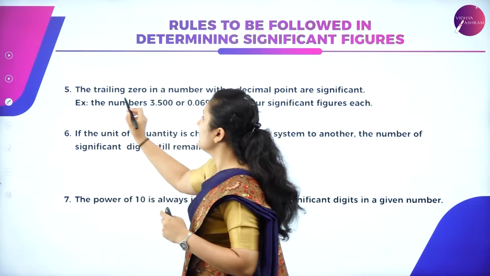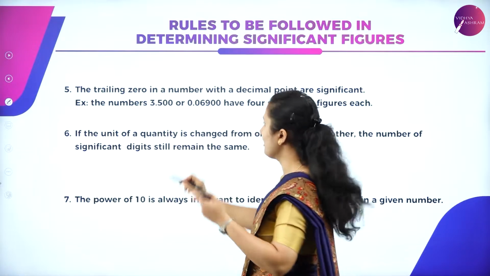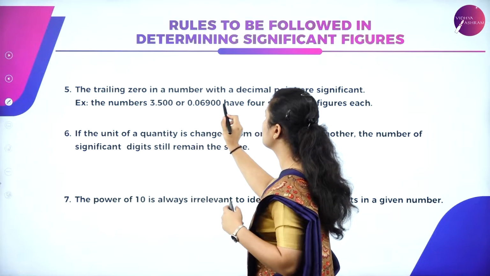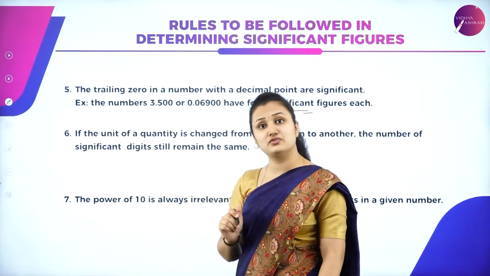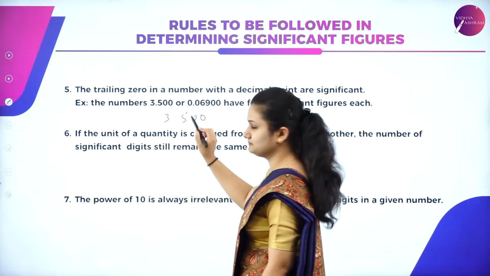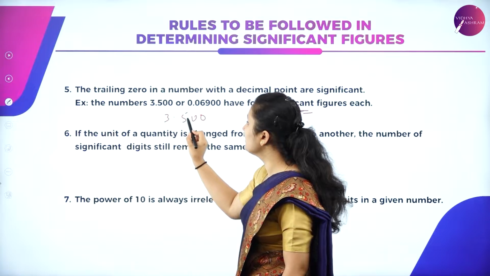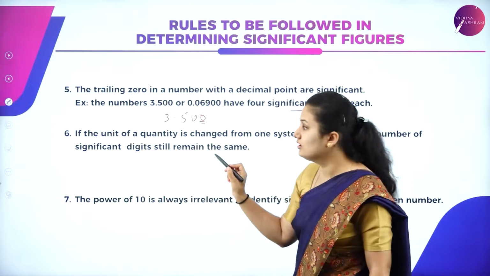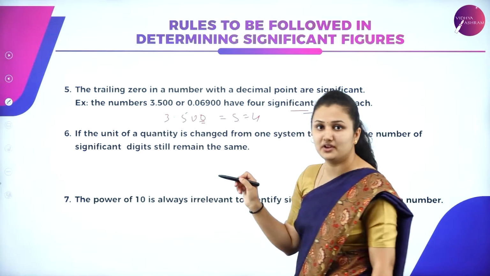Keep in mind, the numbers 3.500 or 0.06900 have 4 significant digits. How, ma'am? It is 4 significant digits. If you take 3.500, this 3.5 is followed by 2 zeros. These 2 zeros are considered, so 4 significant figures.